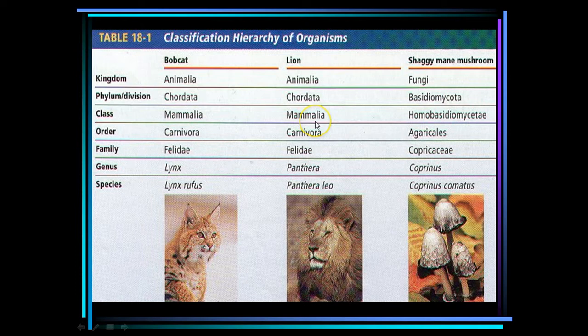They're both Mammalia. They're both in the order Carnivora. They're both in the family Felidae, but here's where they differ. The bobcat is in the genus Lynx, where the lion is in the genus Panthera. And the species, meaning there are other organisms classified under lynxes, this is the Lynx rufus. The lion, however, is the Panthera leo.